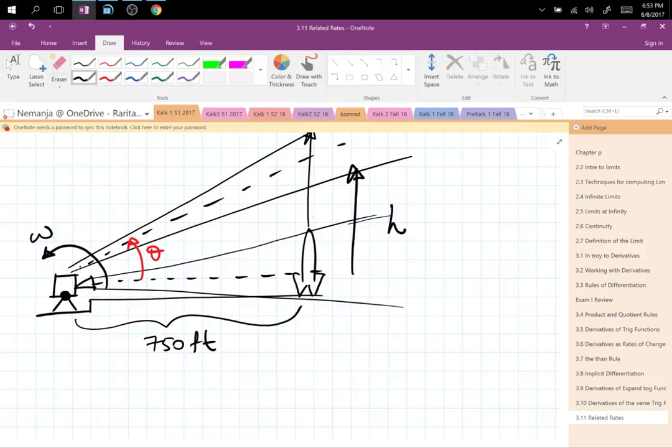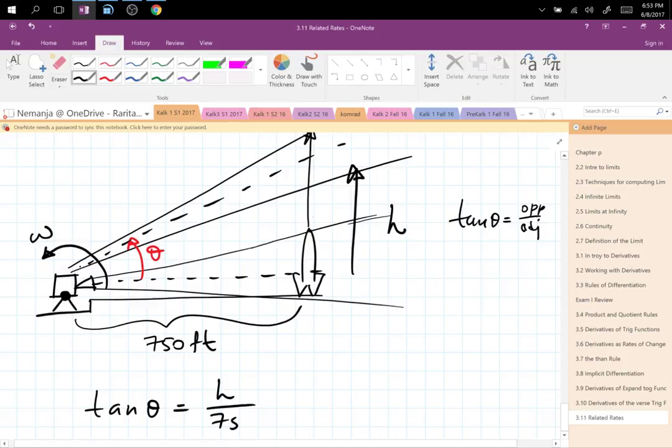The trigonometric function tangent solves our issues because you have the opposite, adjacent, and the angle. Tangent, for those of you who forgot your class that you just finished two months ago, is given as opposite over adjacent. So tangent theta is equal to the opposite, h, divided by 750, which is the adjacent.